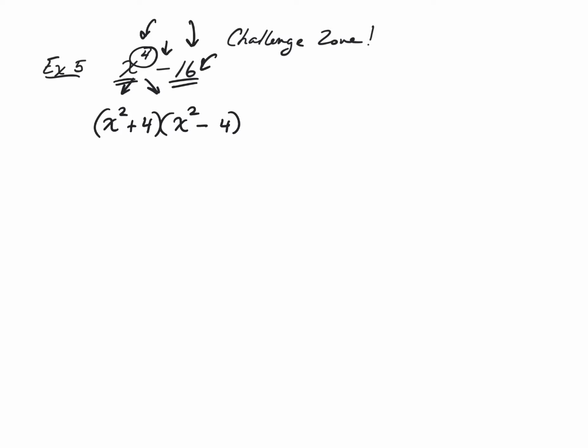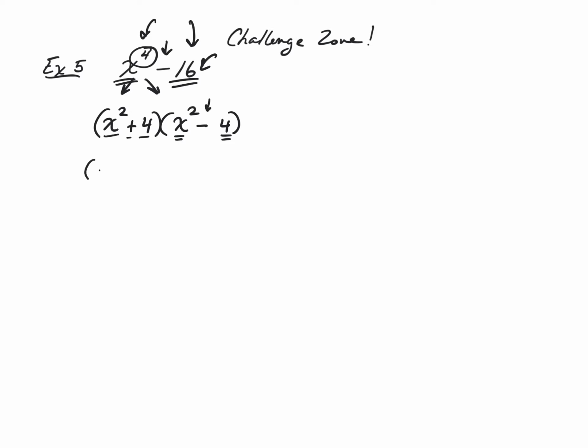So if I take a look at this, x squared and plus 4, well, there's 2 terms there and one's plus, so I don't have a shortcut at this point for sums of perfect squares. But if I look at this second group, it's x squared, and it's a subtraction, which means it's a difference, and then 4, which is also a perfect square number.